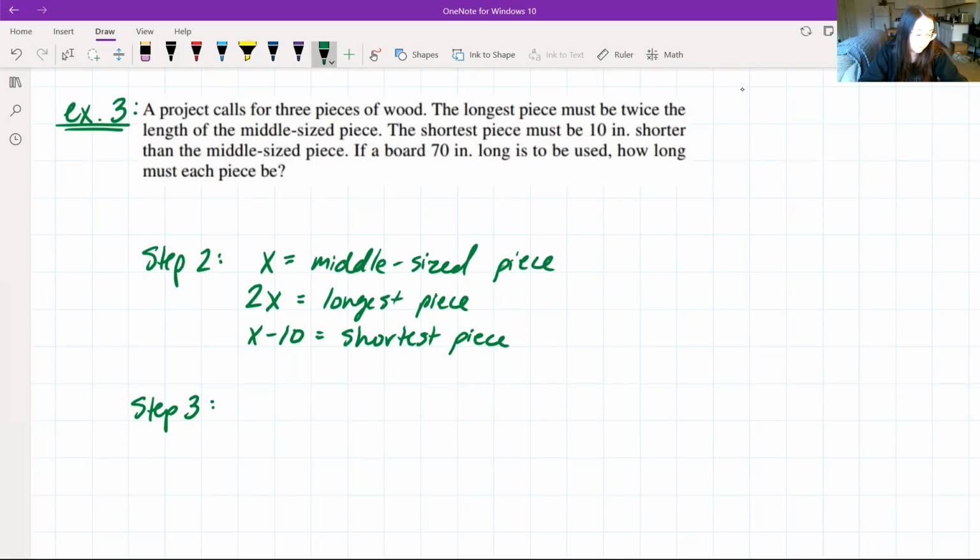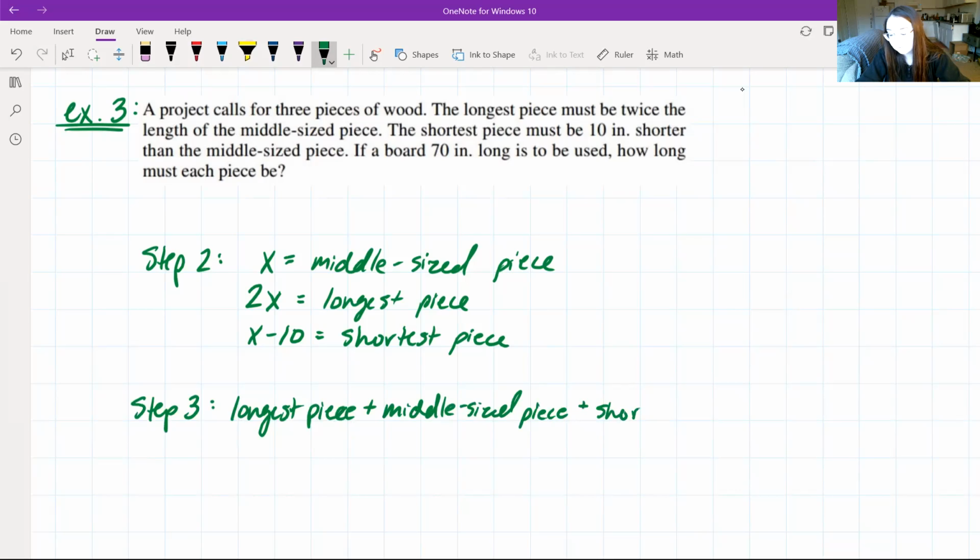So this means that we can take the longest piece plus our middle-sized piece, plus our shortest piece, and this is going to be equal to our total length.